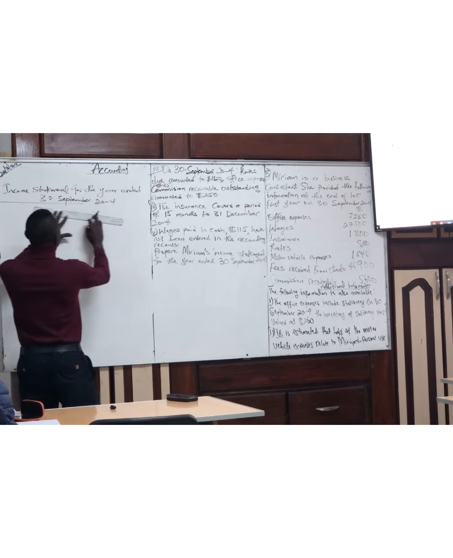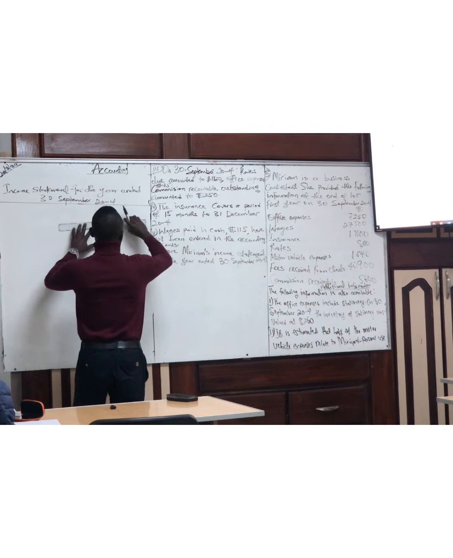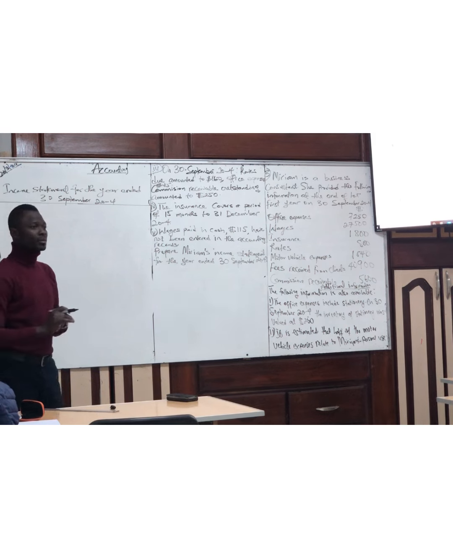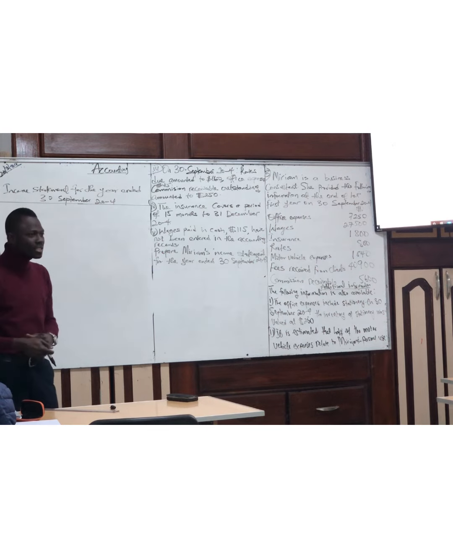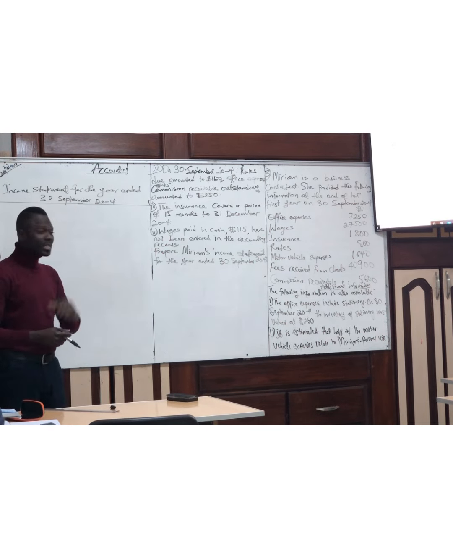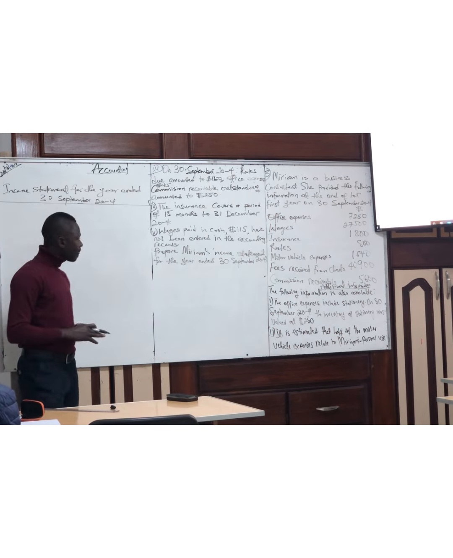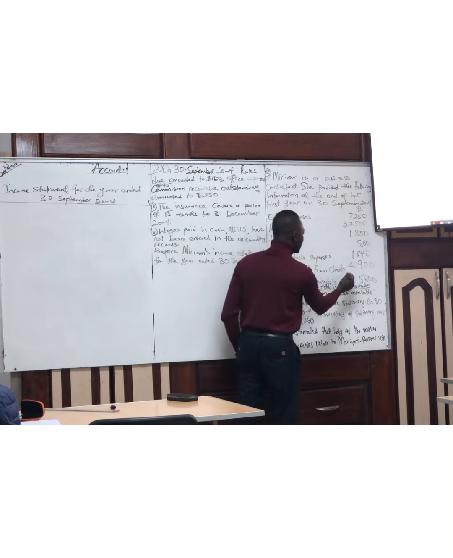So this business, is it a trade business or service business? Service, consultancy. She's a consultant, she's not selling. So it's a service. There's nothing like goods or purchases. So the first thing we need to write, they said, fees received from clients.